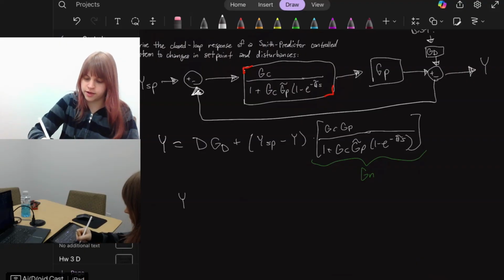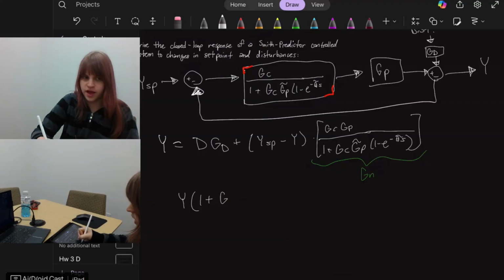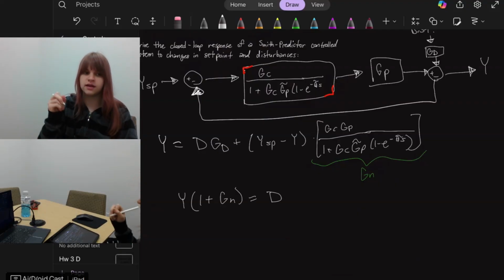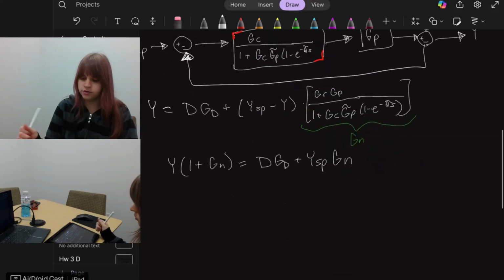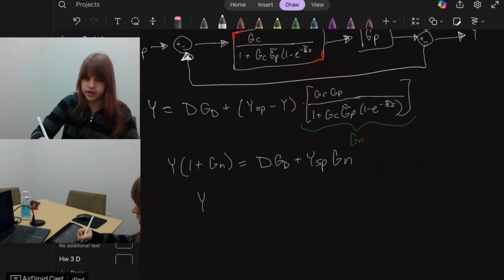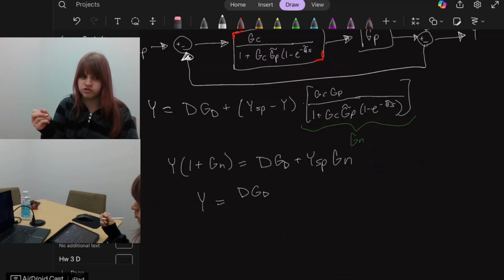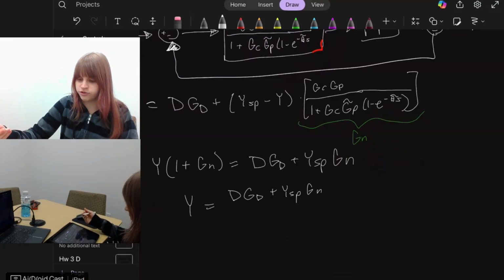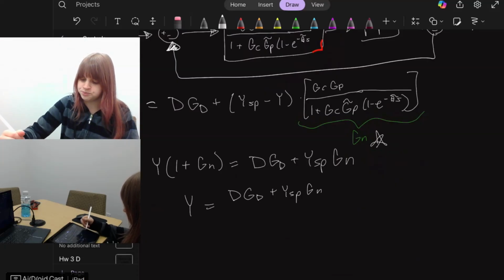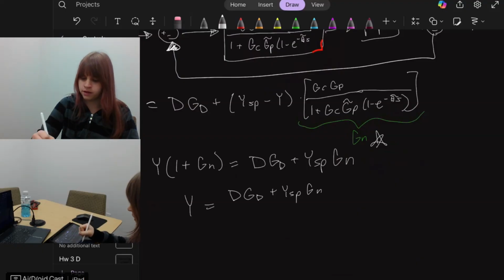And then we get Y times 1 plus GN is equal to D plus the set point times GN. Through some manipulation, we can get Y is equal to the disturbance times the transfer function of that disturbance plus the set point times our GN, so our general transfer function here, and that's divided by 1 plus GN.